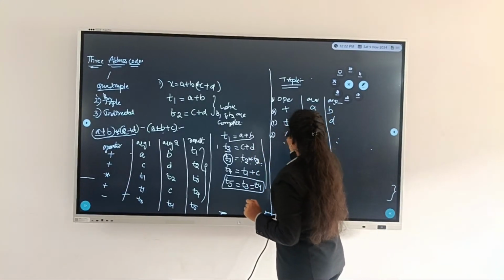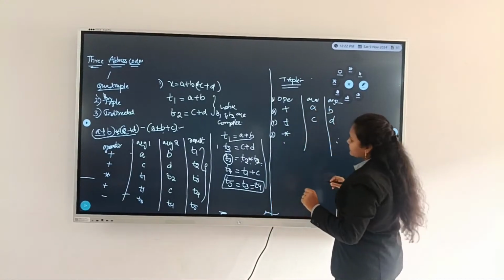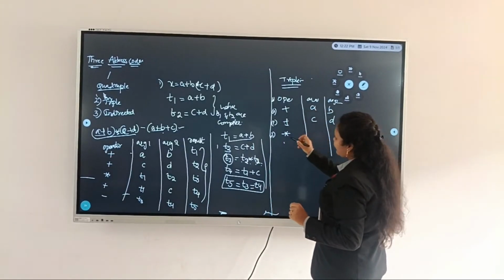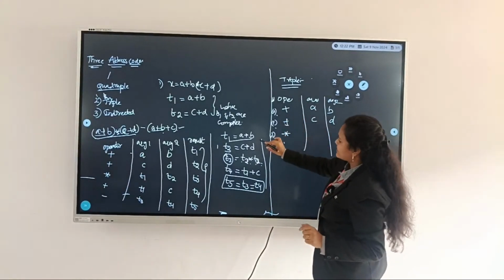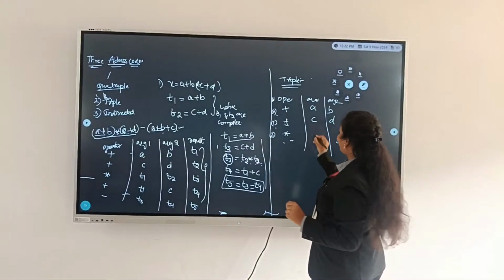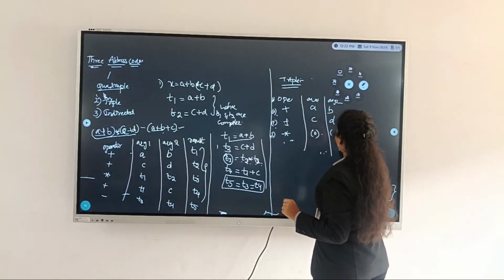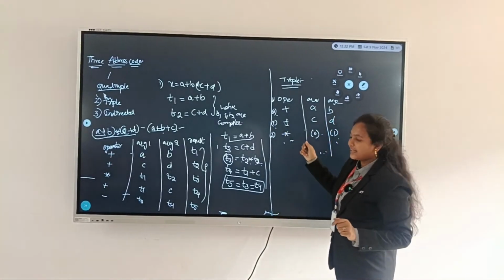Operation will be star, where T2 will be address 1 and T3 will be address 0. Here we have to write the addresses of the table.